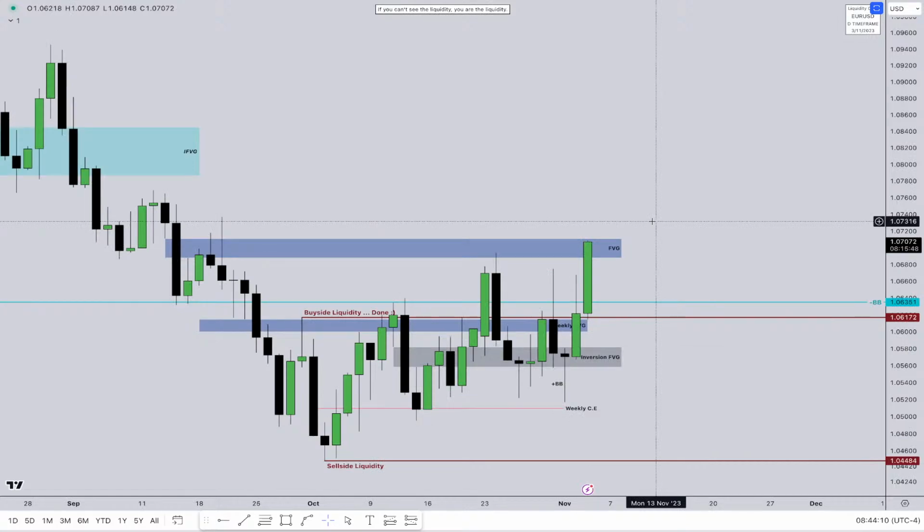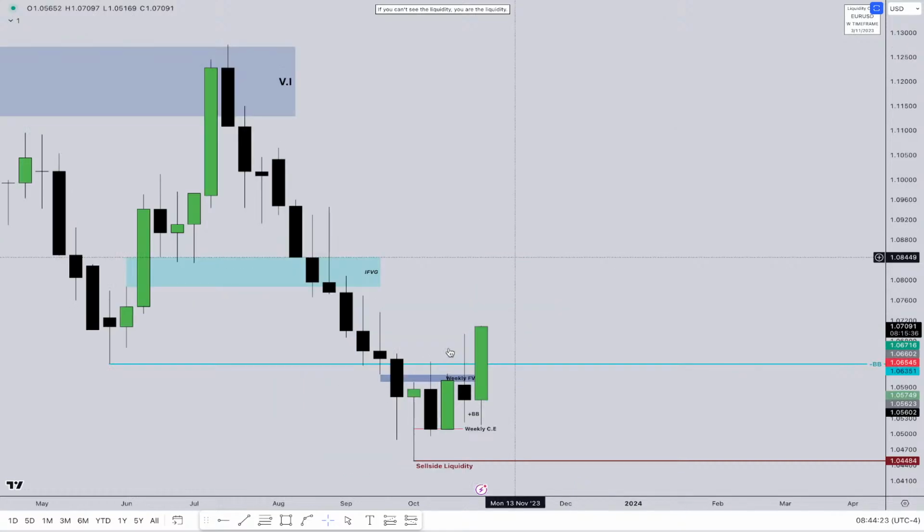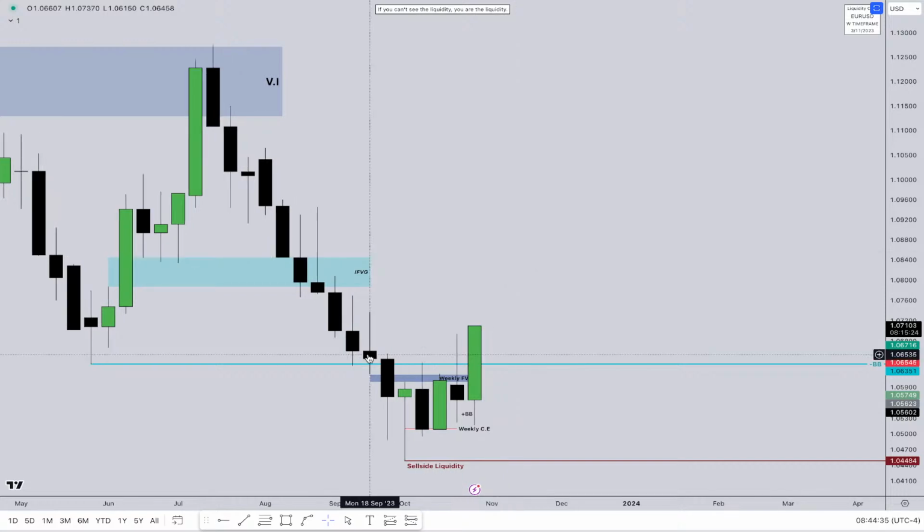It has opened, traded lower to the high of this weekly fair value gap. Let's go to the weekly. What is the high of this fair value gap, or the low of this candle? Look right there. It is 1.06150.